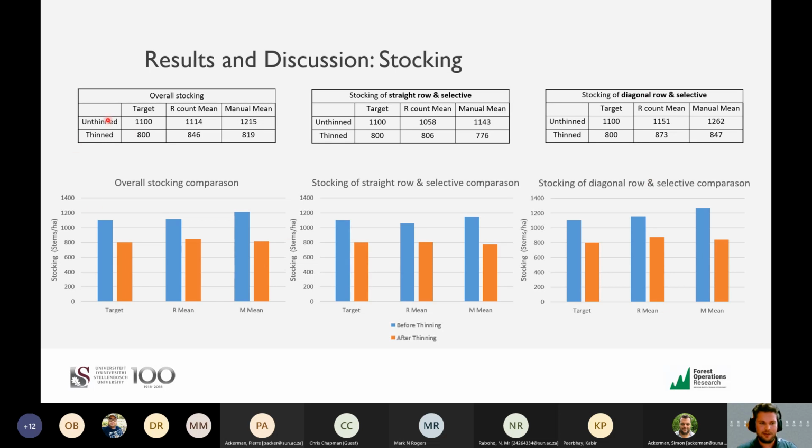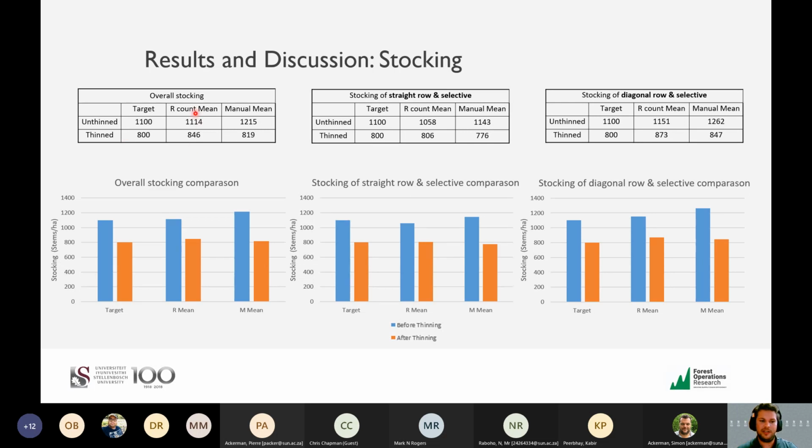If we look at these tables, we have 3 columns. The target column, which is the target before thinning, is the amount of stems per hectare at planting. The after thinning is the goal, or the target of the stocking, after thinning.